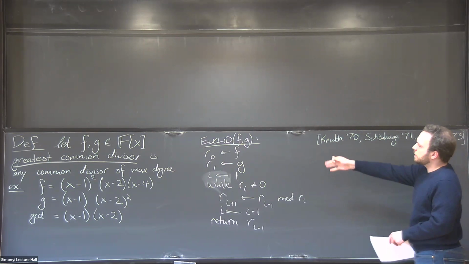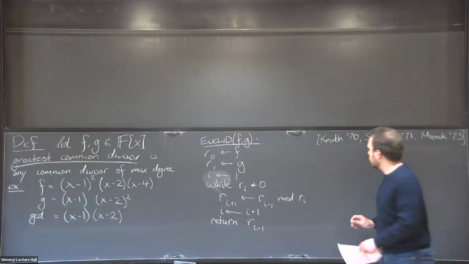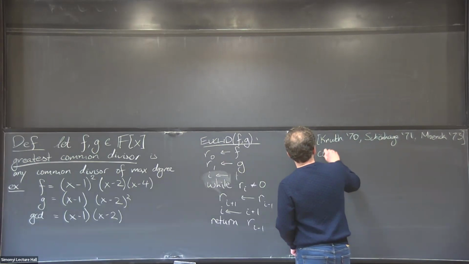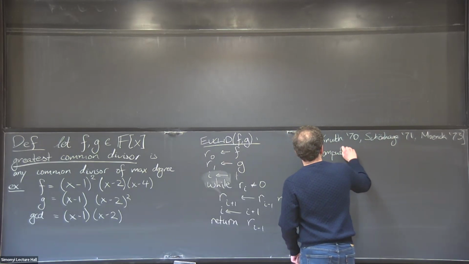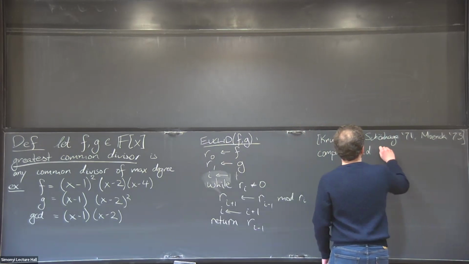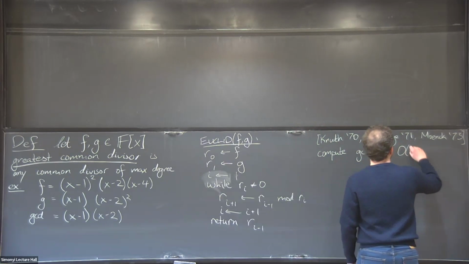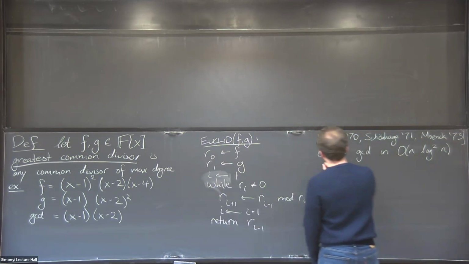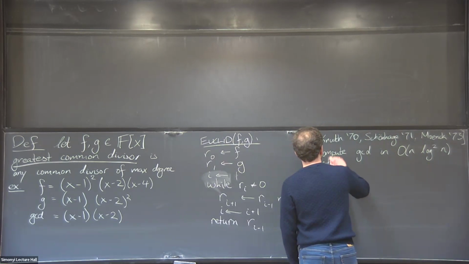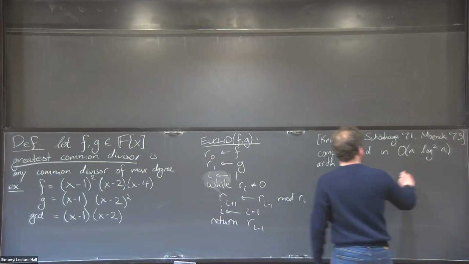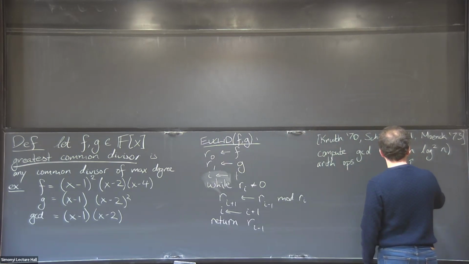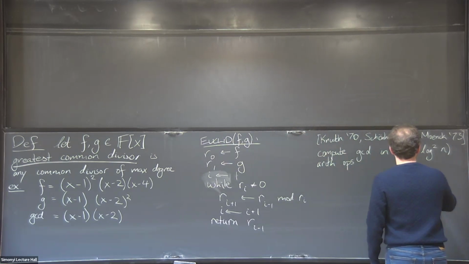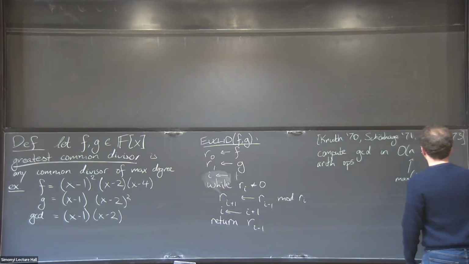But you can actually find a fast variant of the Euclidean algorithm. You can compute the GCD in something like order n log squared n arithmetic operations, where here n is just the maximum of the degrees of f and g.